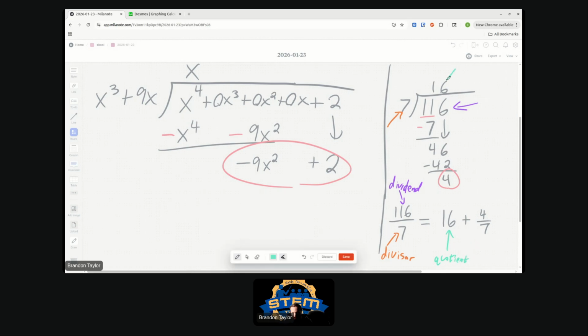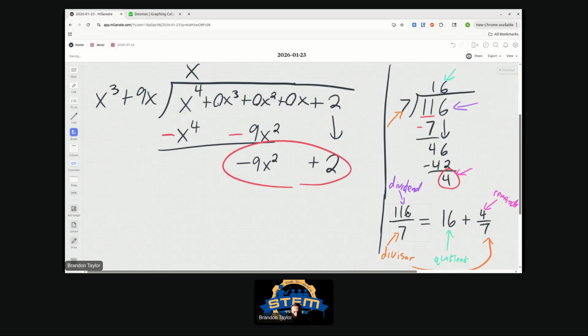The quotient, which is right there, plus the remainder, which is right there, over the divisor, which we already have. That's the pattern. That's what we're proving logically.